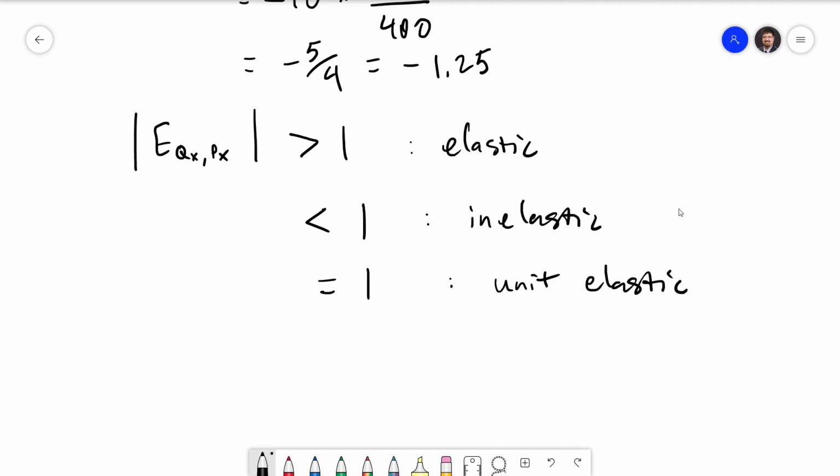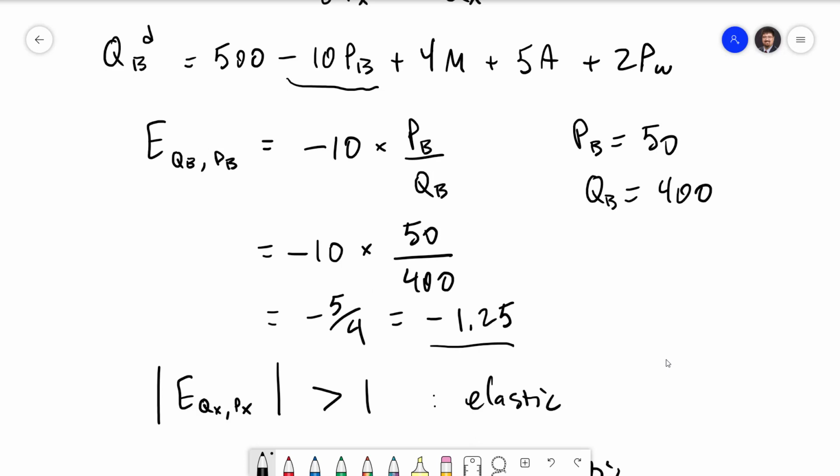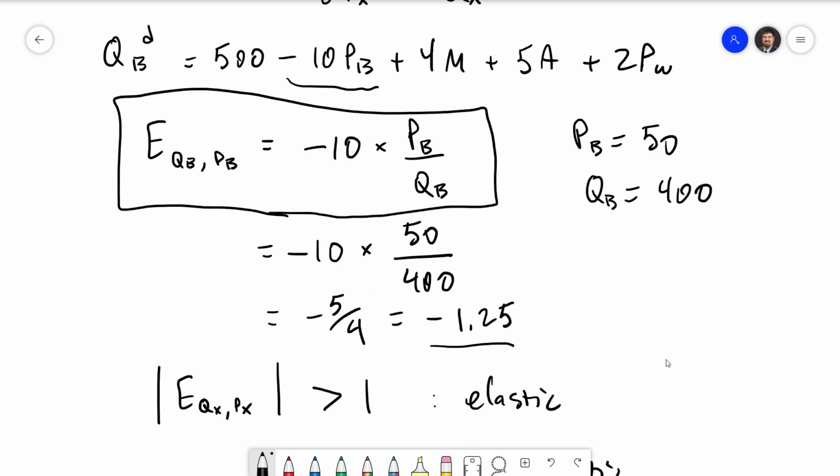In our example, the elasticity was negative 1.25, so bigger in absolute value than 1. So we would say that at that point, our demand curve is elastic. I want to call a little bit more attention to this equation right here. Our demand function is linear in price.